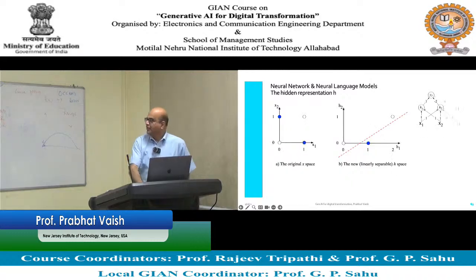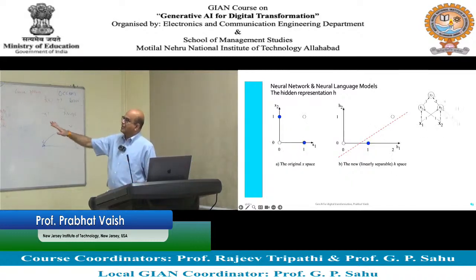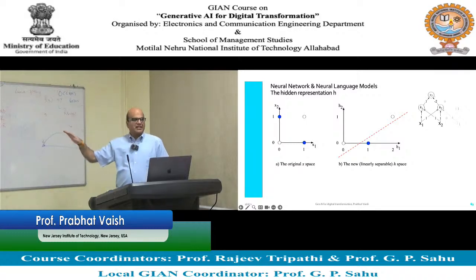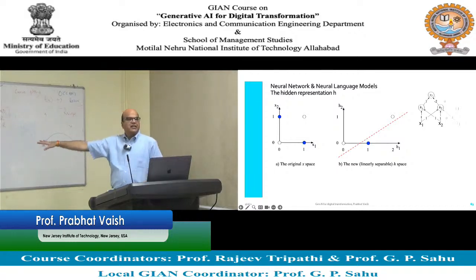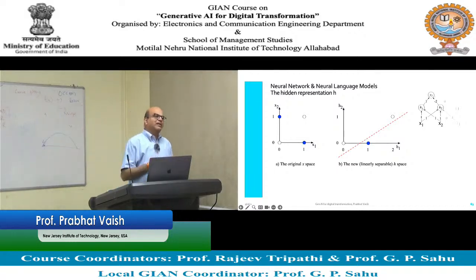So these functions which were not separable in a 2-dimensional space became separable by a linear function when you introduce a hidden dimension. The learning here was that if you increase the dimensionality of your observations, you could potentially use simpler discrimination functions to divide them into different groups. This is a very key finding, and it will help us learn about language models as we go along.